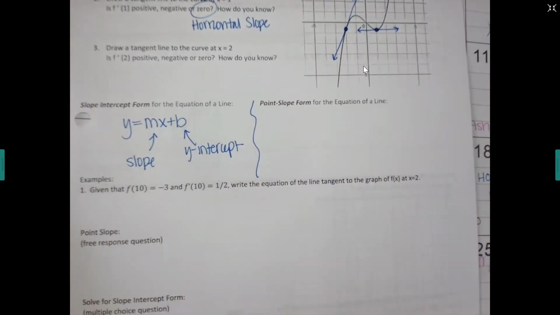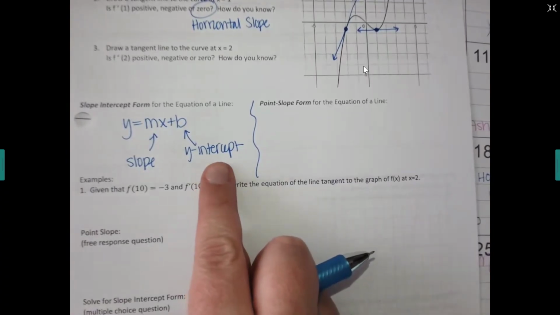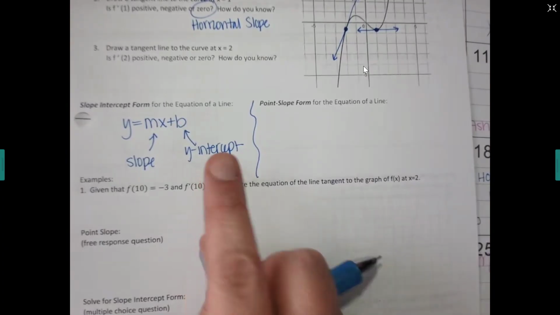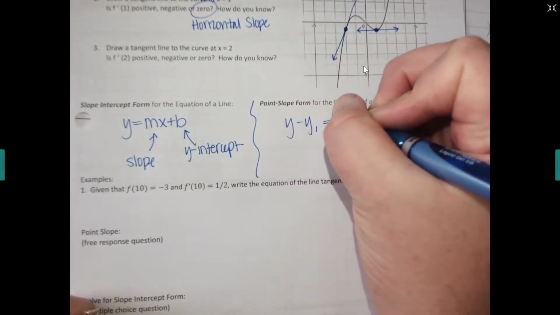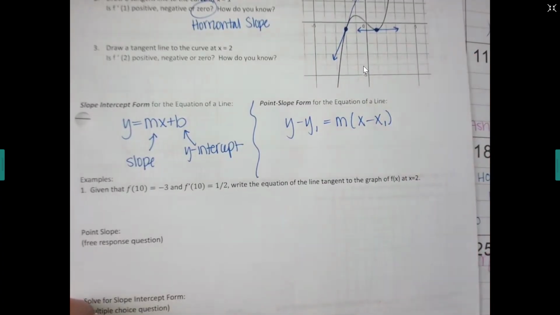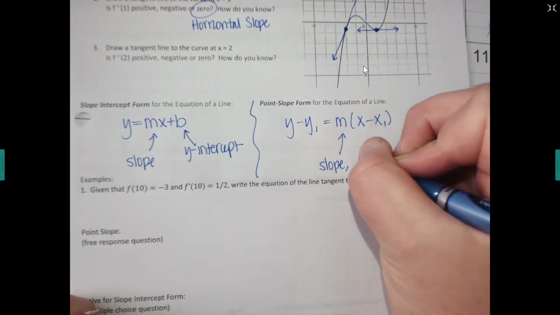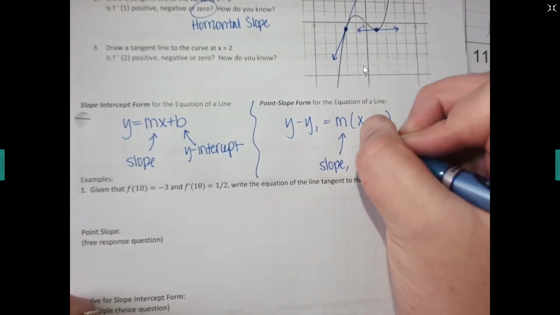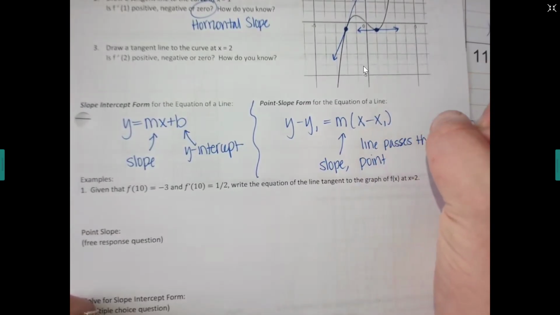Now, if you have a point that is not the y-intercept and the slope, you can still write the equation of the tangent line using point-slope form. So point-slope form is y minus y1 equals m times x minus x1, where m is your slope, and then your point, let's say your line passes through point x1, y1.